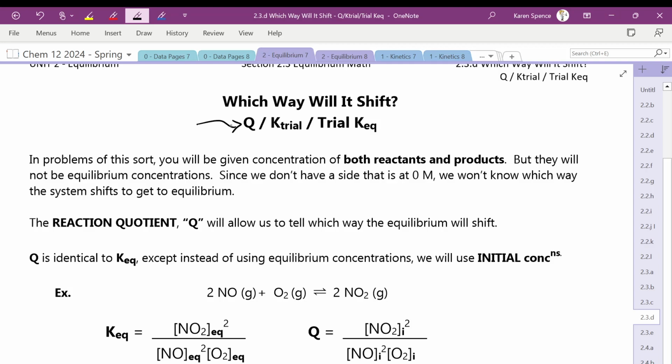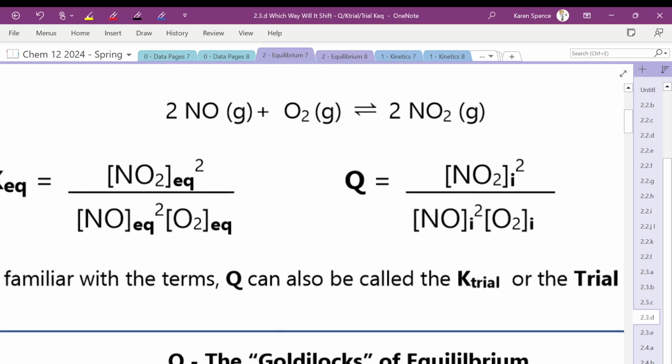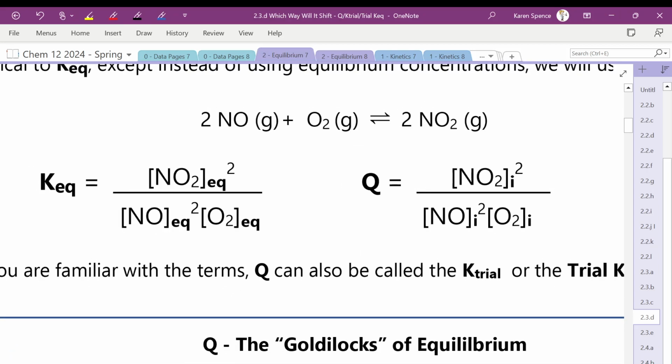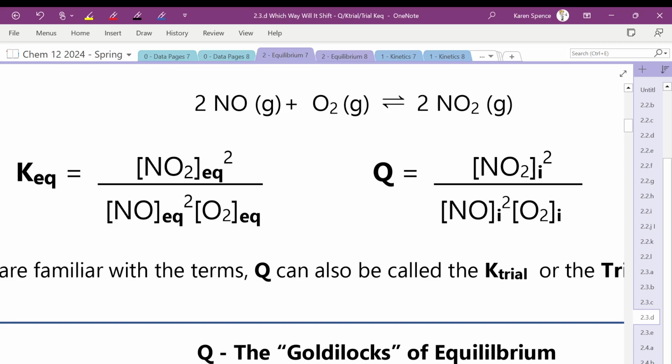Okay. So with this Q value, the expression is the same as the KEQ expression, except for what? What is different between the KEQ expression and the Q expression? We're using the initial concentrations here to say, are we at equilibrium? Are we too far towards the products, or are we too far towards the reactants?